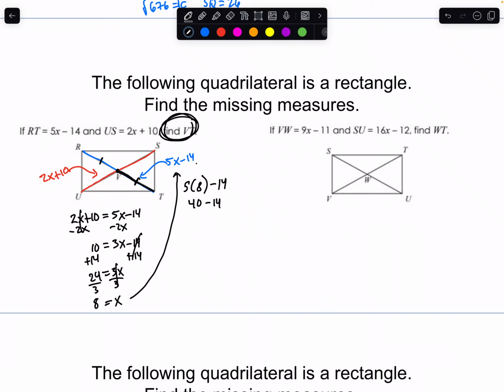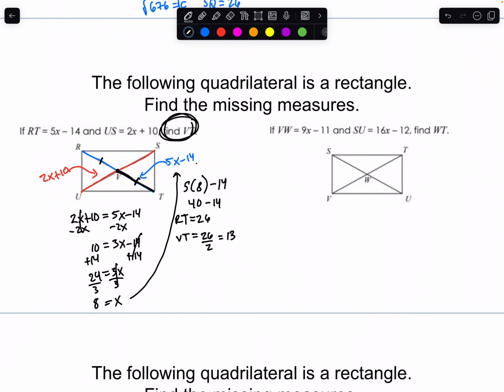When I subtract 14, I get 26. That is the full length of RT. I want half of that length. Therefore, VT will just be 26 divided by 2, or 13. This is why it's important to have been able to know and understand the properties of a parallelogram. So if you did not watch or understand what 6.2/6.3 is about, those rules will apply into this rectangle.